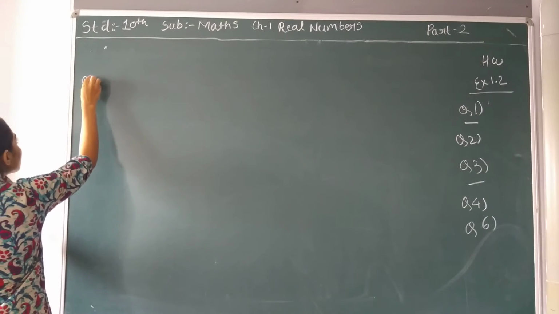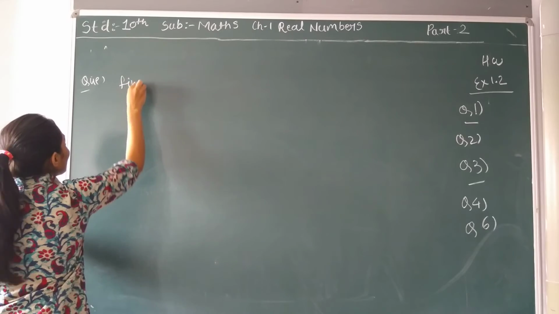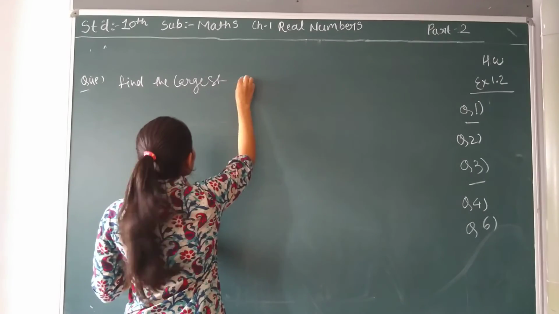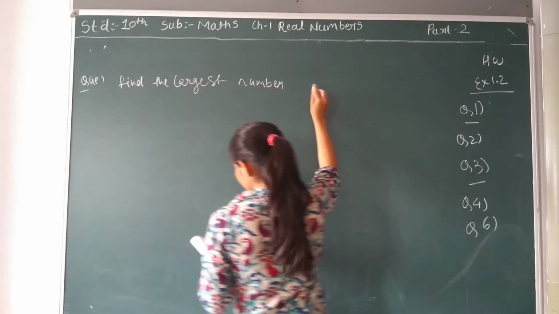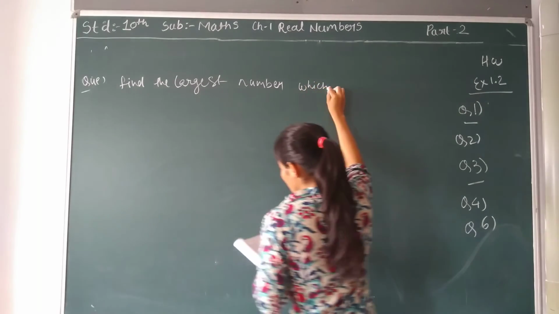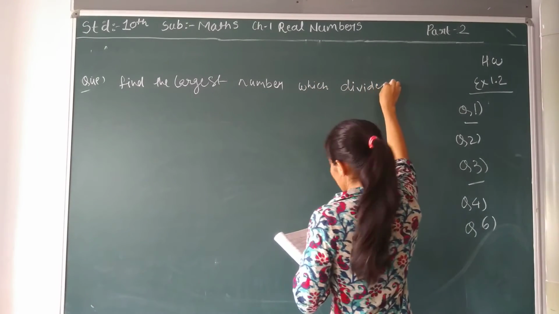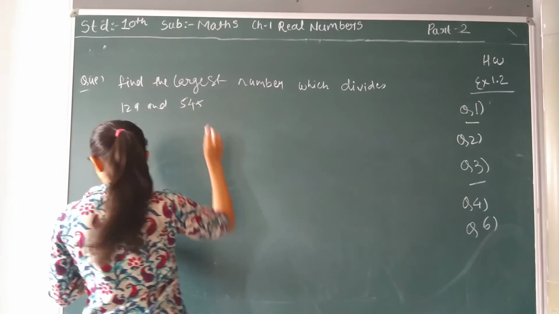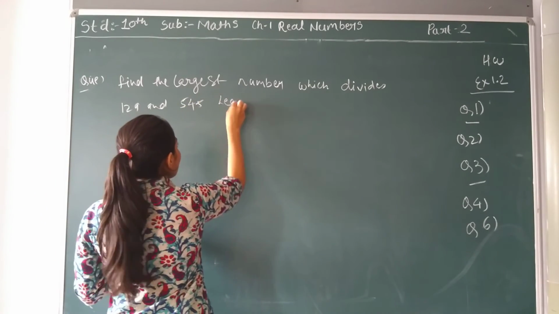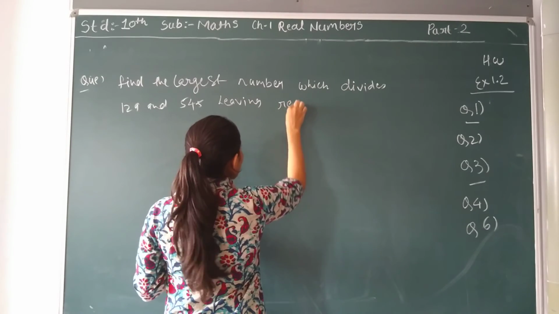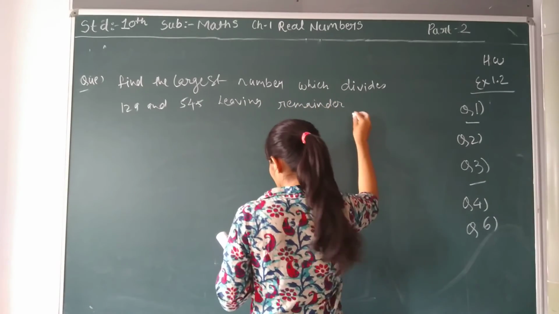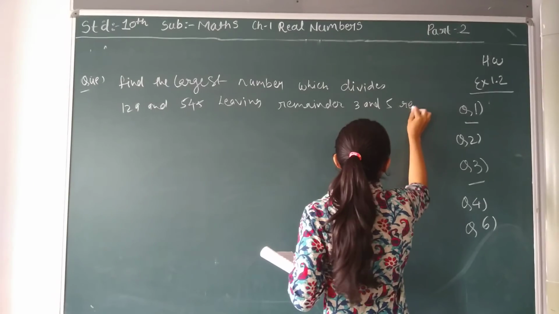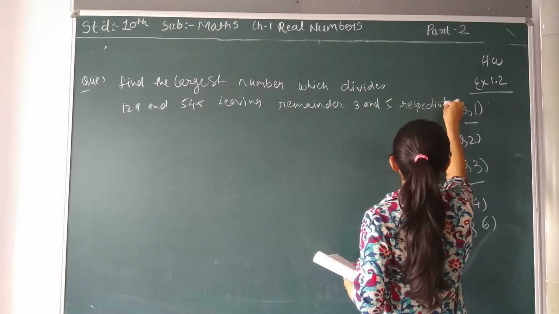The question says: find the largest number which divides 129 and 545 leaving remainders 3 and 5 respectively.